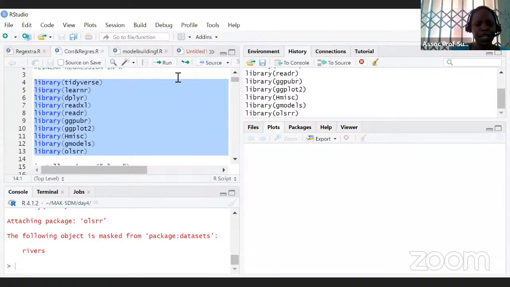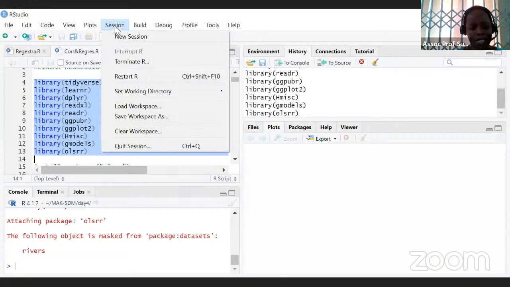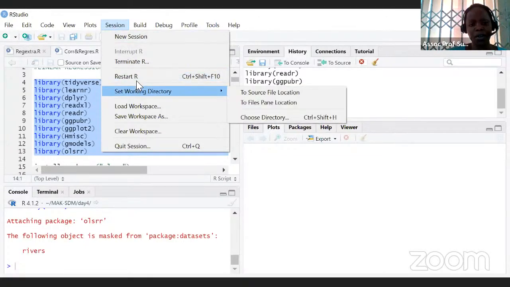Then let's set our working directory. The working directory is where you have your code and also the data sets. We are going to use a data set called egg, another one called indicator, and one called polyreg. There are 3 data sets that we are going to use. So make sure we set our working directory to the folder where you have the data sets.